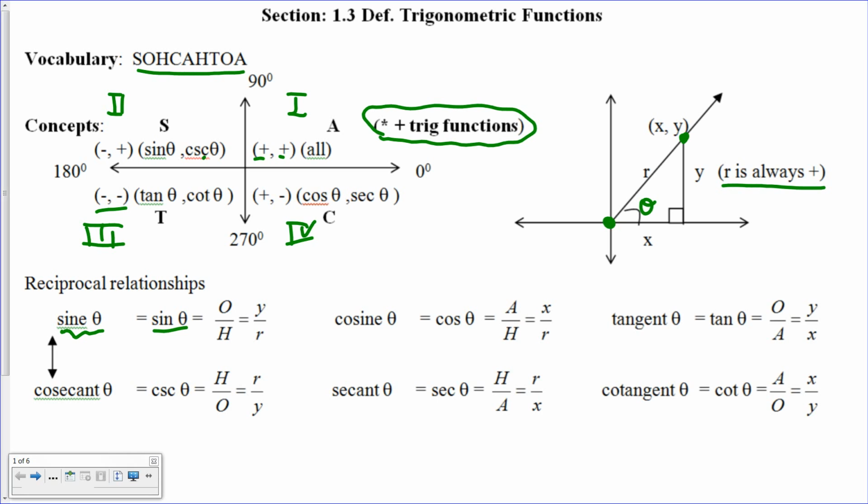And we're now going to remember O over H, but it also means in this coordinate plane, it's Y over R. Why? Because you're looking at this Y and this R. Opposite over hypotenuse, Y over R. Looking at this one, it becomes the cosine, X, which is the adjacent, over R, which is your hypotenuse. So we're just tagging X's, Y's, and R's with opposite, adjacent, and hypotenuse.